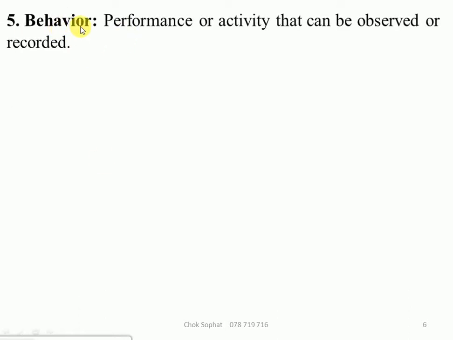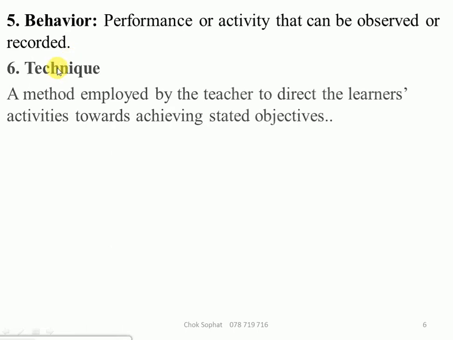Behavior. Behavior is the performance or activity that can be observed or recorded. So performance is how the student does the practice. Technique. Technique is a method employed by the teacher to direct learner activity toward achieving stated objectives.